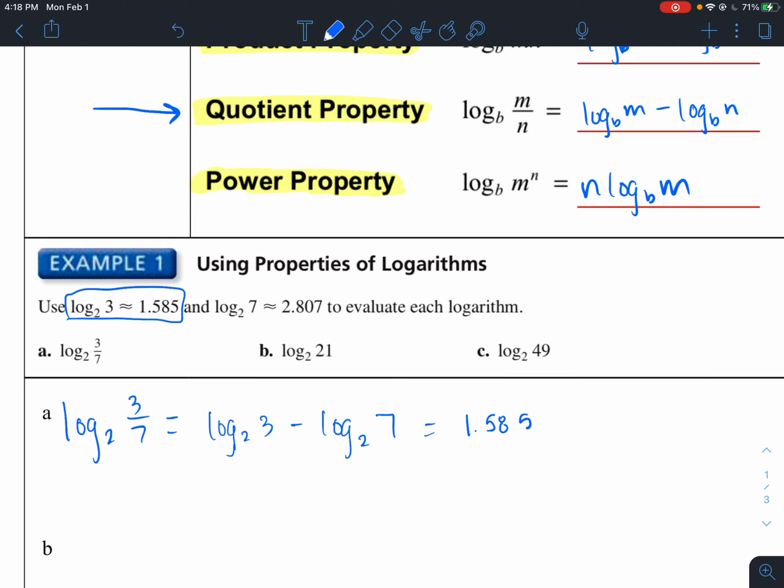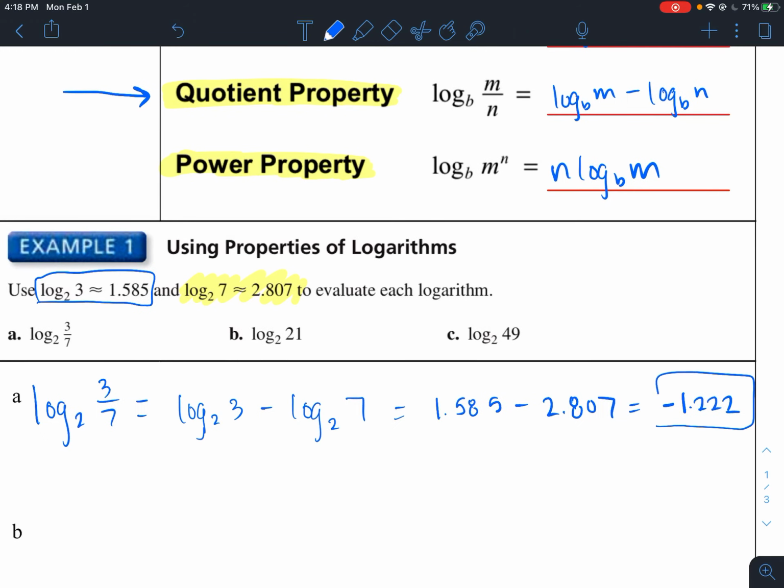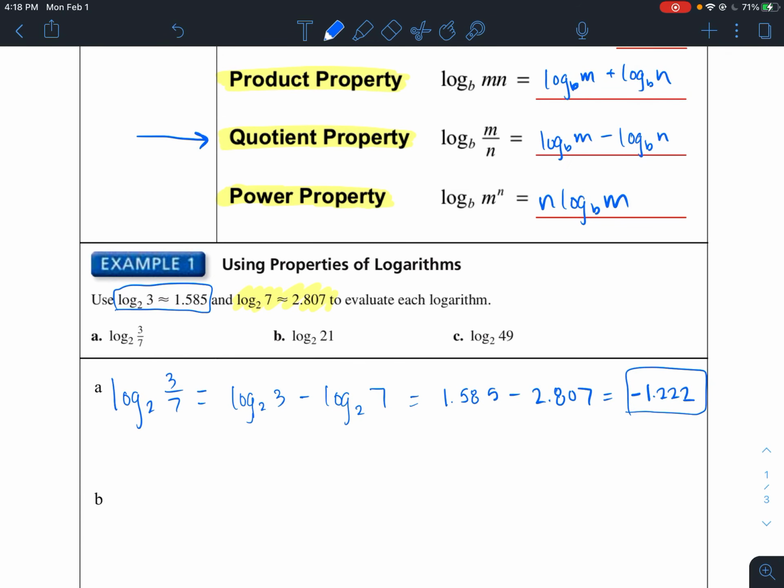And then log base 2 of 7, we have that one right here, so we can substitute them in. So 1.585 minus 2.807, and when I subtract these together, I get negative 1.222.